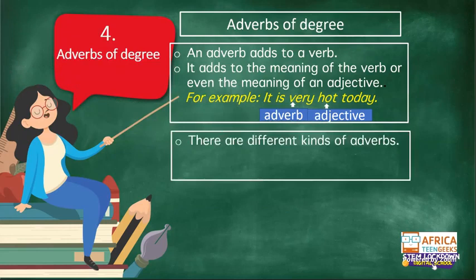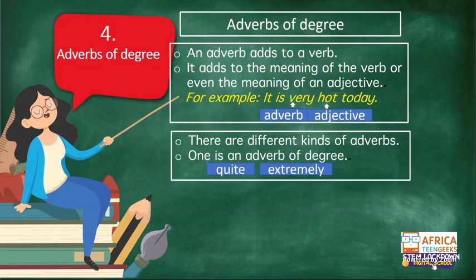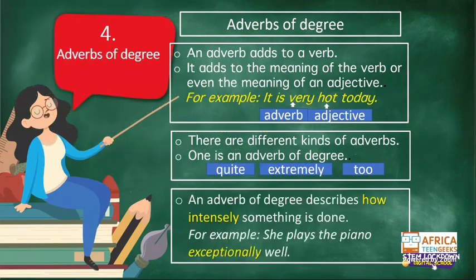Now, there are different kinds, and today's one is called an adverb of degree. For example, quite, extremely, too. An adverb of degree describes how intensely something is done. Instead of saying she plays the piano well, we can say she plays the piano extremely well, or very well, or quite well.